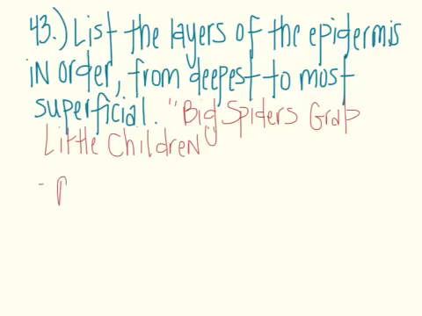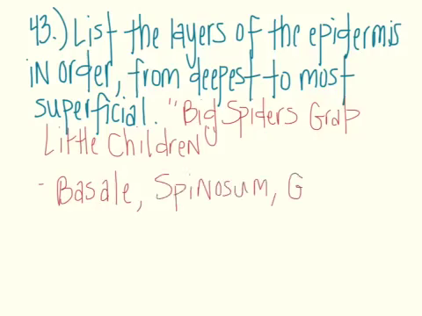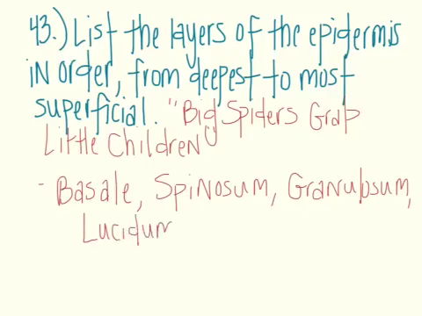So remember, it is basal, spinosum, granulosum, lucidum. Remember, this is the layer that's only present in thick skin, like on your hands and your feet, and corneum. So big spiders grab little children, basal, spinosum, granulosum, lucidum, and corneum.